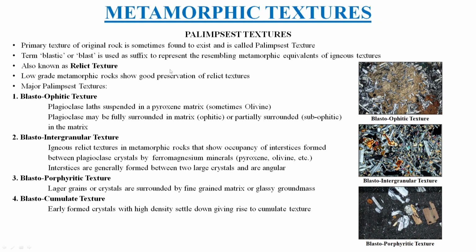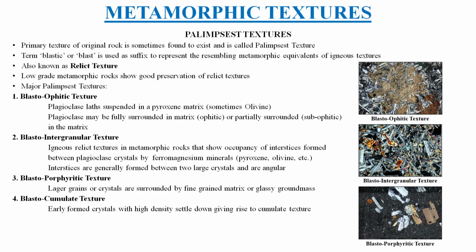So the first one is palimpsest textures. These are primary textures of the original rock that are somehow being saved from the processes of metamorphism. That means your metamorphic rock will bear some signature of the original texture of the protolithic material.